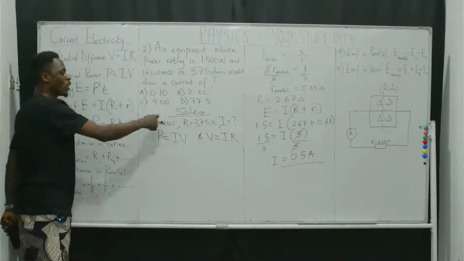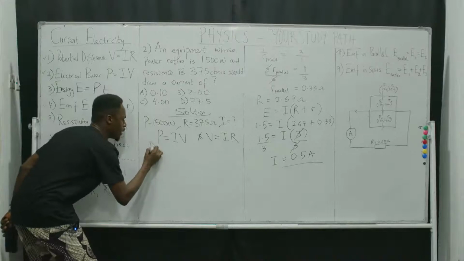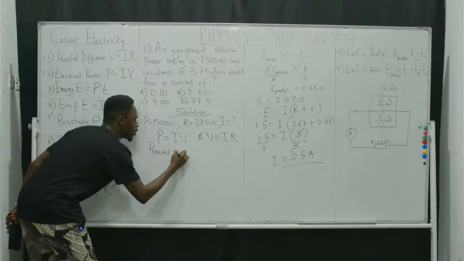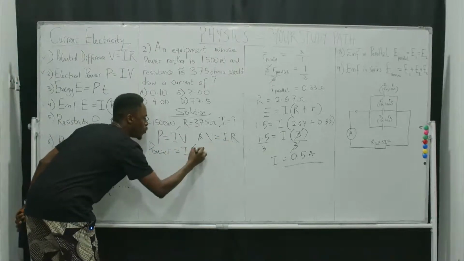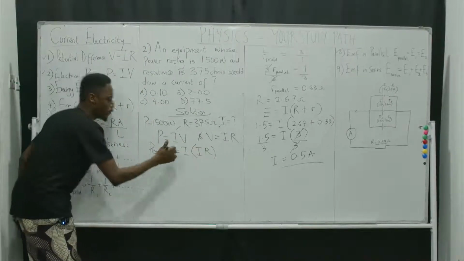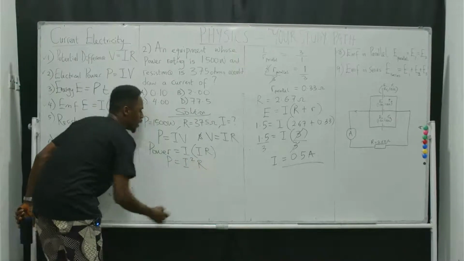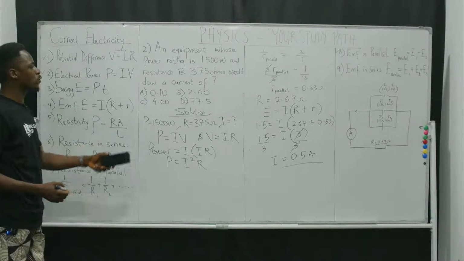As such, we substitute V with IR. Power now becomes I multiplied by IR, which is the value of V. From here, P becomes equal to I squared R.